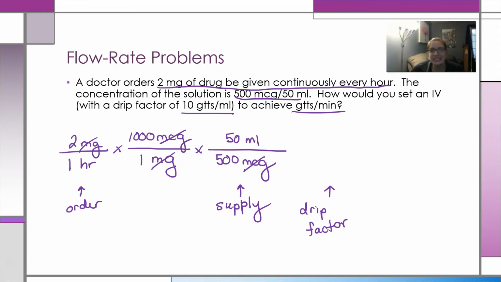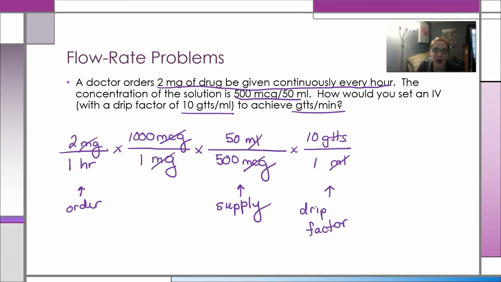So of course we need to cancel this, so how are we going to write this as a fraction? On top is milliliters, so that means the milliliter needs to go on the bottom so that they cancel. 1 milliliter, and then on the top you have 10 drops. So 10 drops per 1 milliliter. Cancel your milliliters. Hey, we have drops on top.